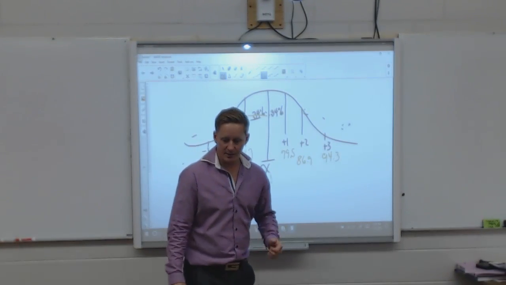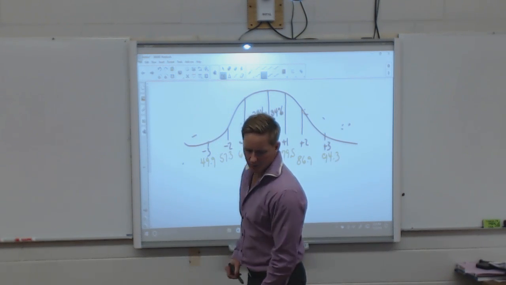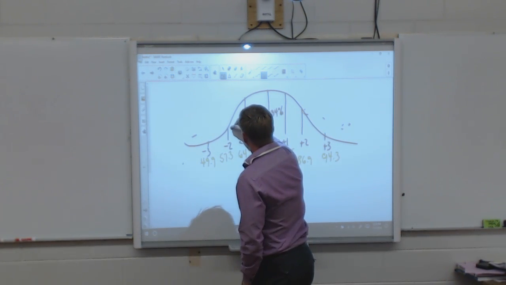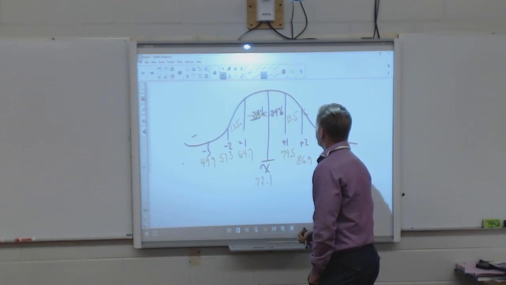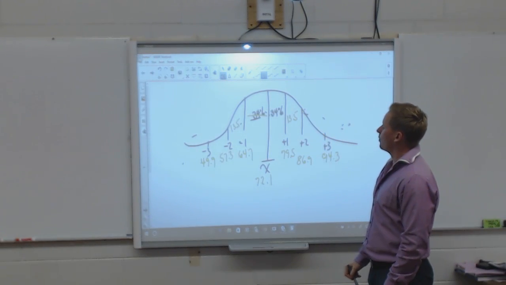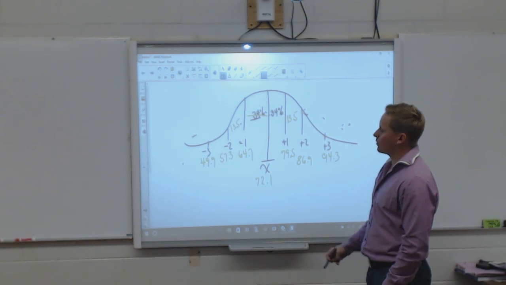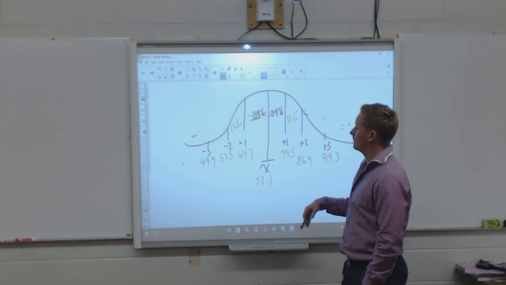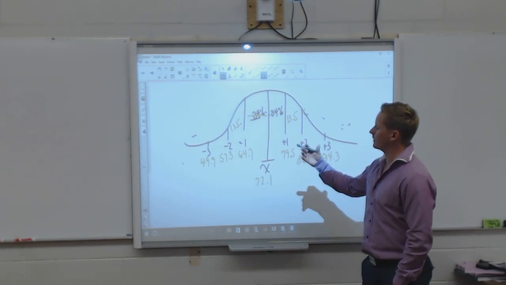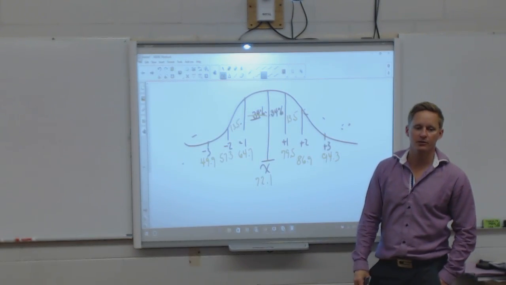So, looking at these percentages now. This one here is 13.5. This one is 13.5 here. Okay? So what percent of the kids' grandparents were less than 57.3 years old?